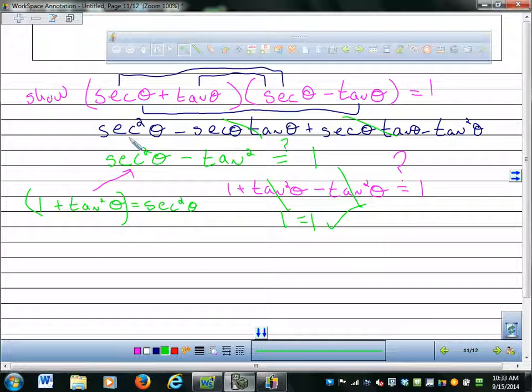There can be more than one way to prove an identity, right? Like I could have instead used the fact that 1 plus tan squared theta is equal to secant squared theta. Anyway, you'll see there's more than one way to solve an identity as you go.